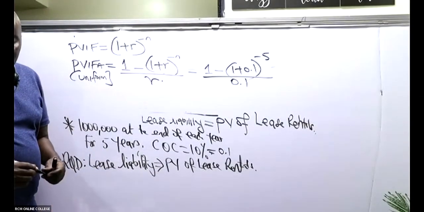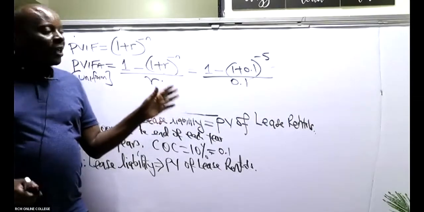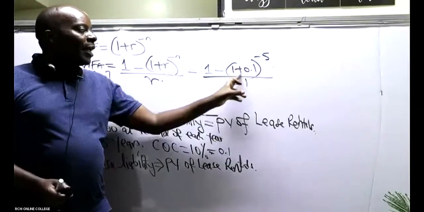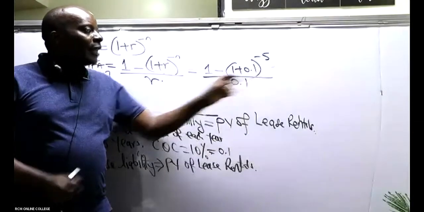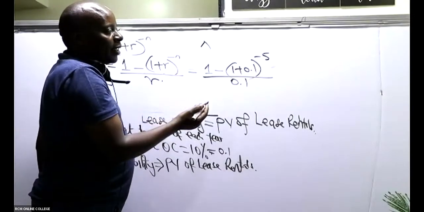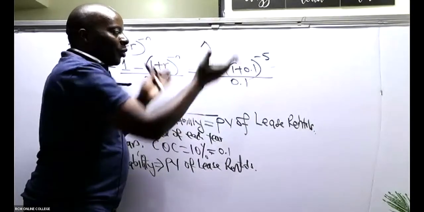Is there somebody who is able to pick their calculator and do the following? You say 1 minus, open brackets, 1 plus 0.1, close. Then you say raised to the power, x raised to y, so you say raised to -5, and then you say equals first.